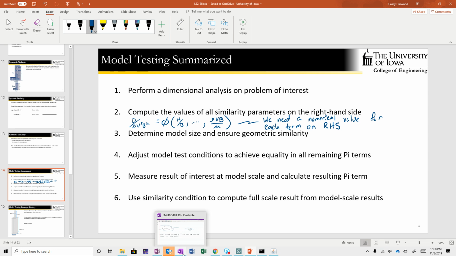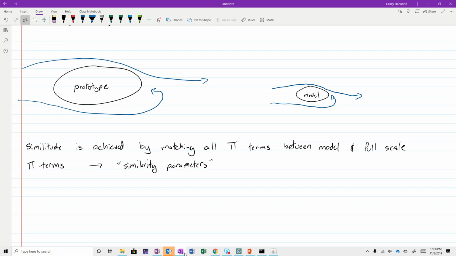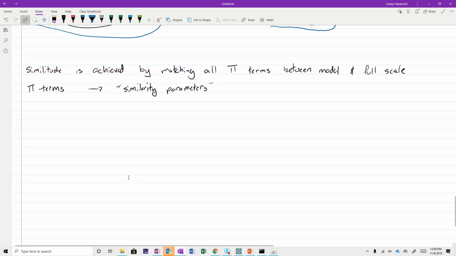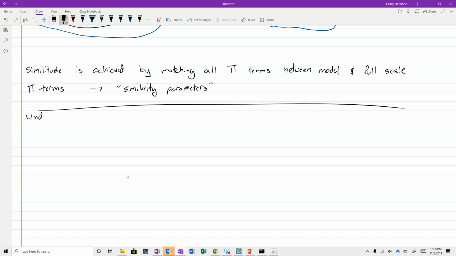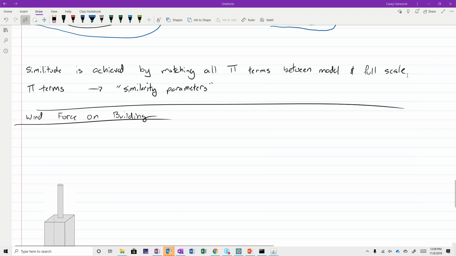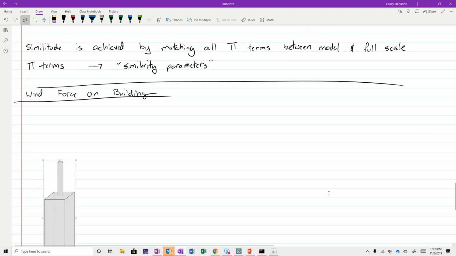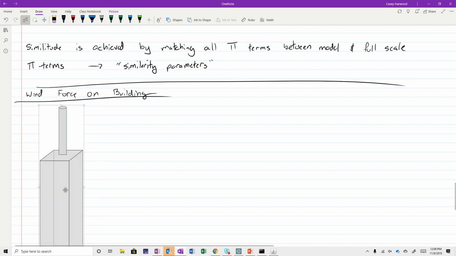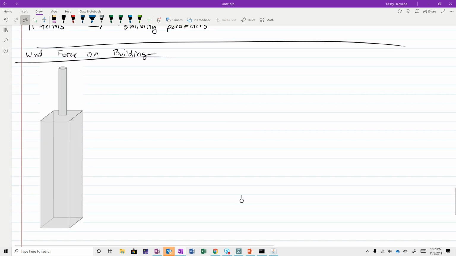So let's go ahead and revisit this wind force on a building. I'm going to grab my drawing of the building again. And let's assume that the engineers behind this thing have decided that the dimensions will be as such.